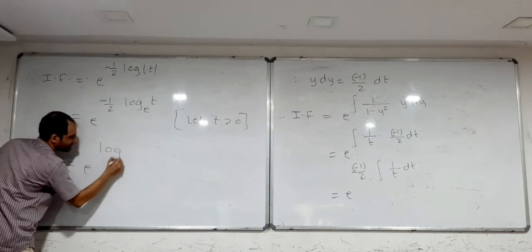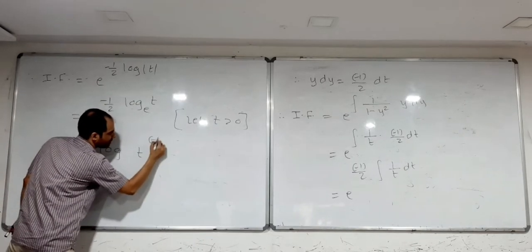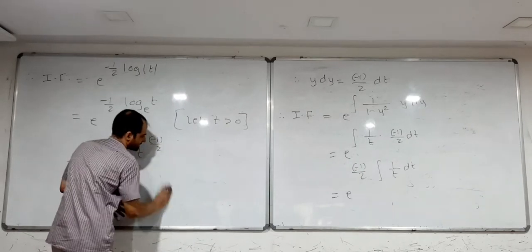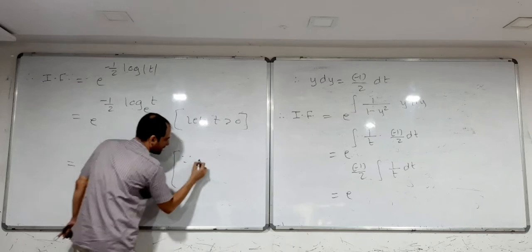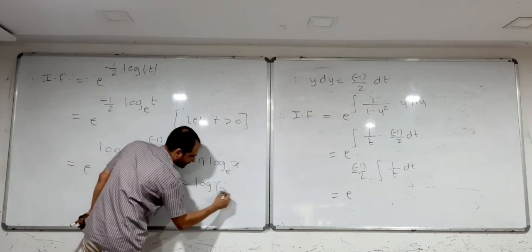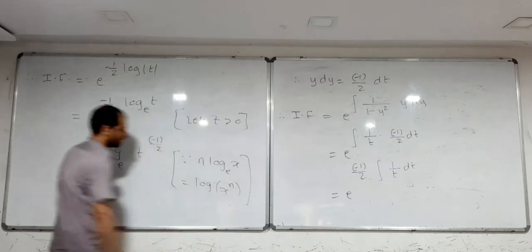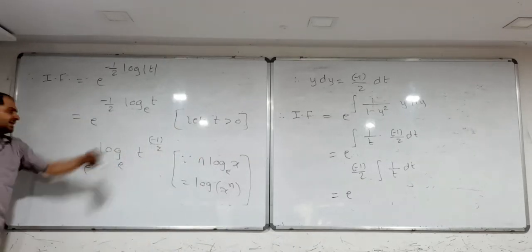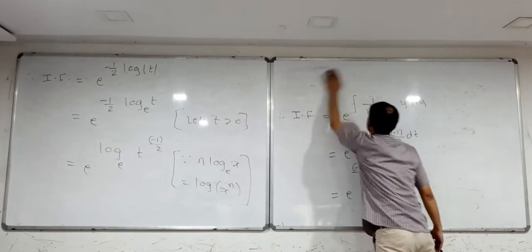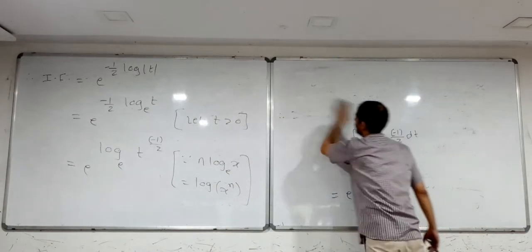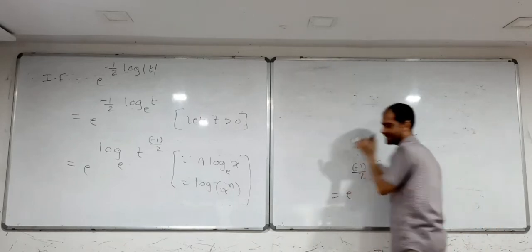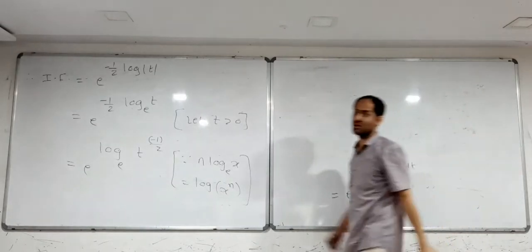So this becomes log of t raised to minus half to the base e, because n log x to the base e is log of x raised to n. Now e raised to log t raised to minus half, which is t raised to minus half, is 1 upon t raised to half, so 1 upon root t, and t was 1 minus y square, so the integrating factor is 1 upon root of 1 minus y square.